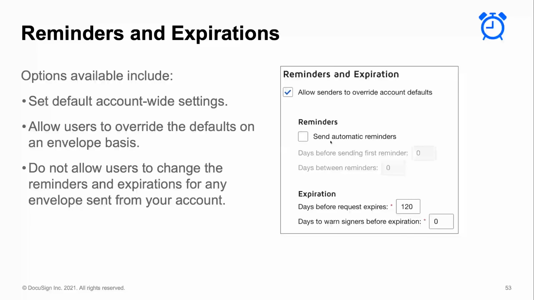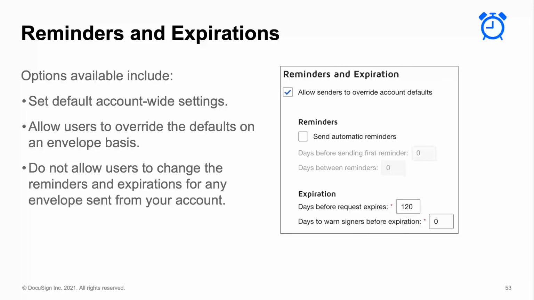So with the reminders, by default, this is set to be off, but you can turn it on and make it anywhere between 1 and 999 days. And then for expiration, this is set by default to be 120. So on the 120th day after the envelope has been sent, if people do not sign, it will automatically expire.